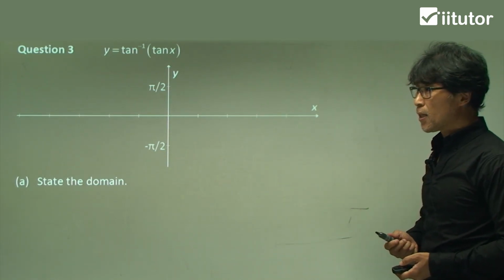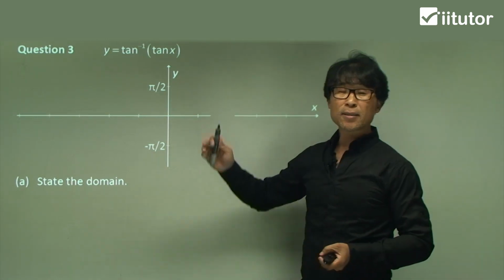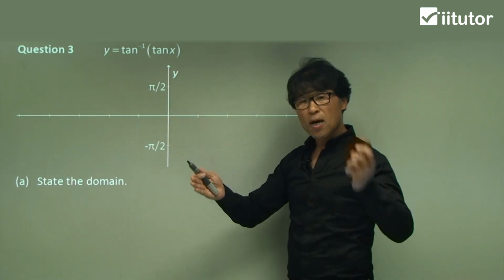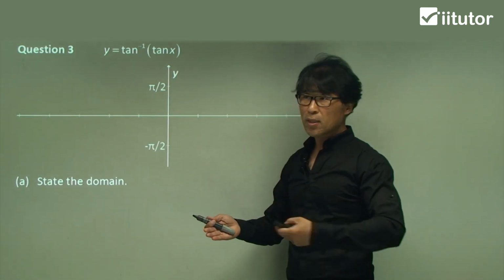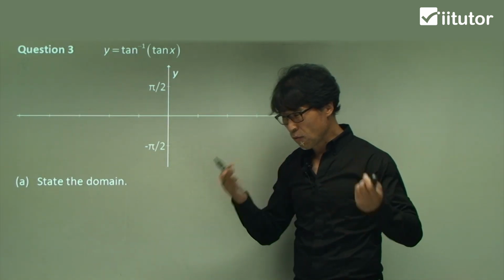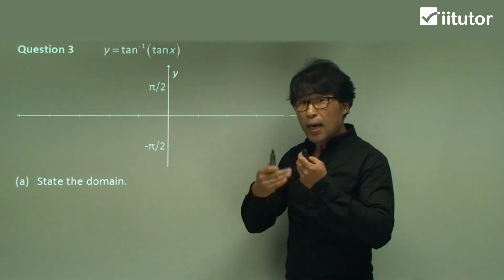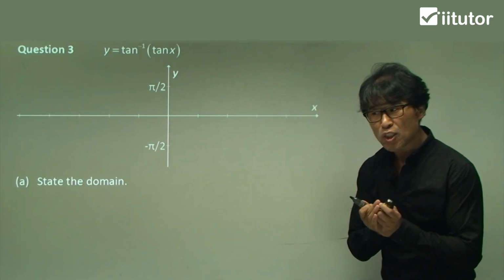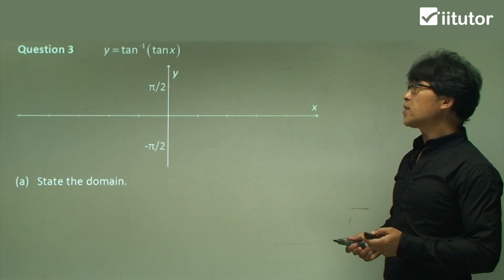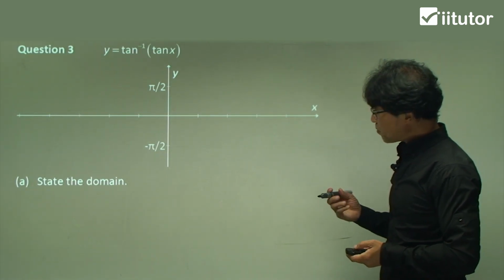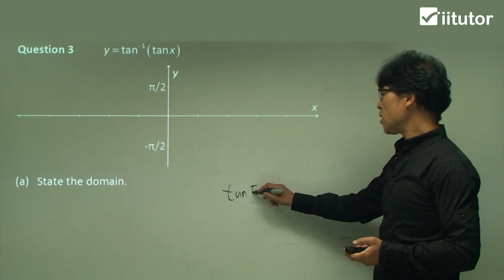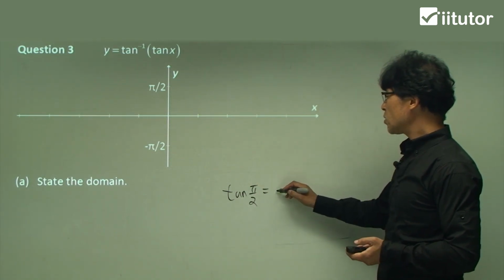State the domain. Let's be careful. As I stated earlier, the sine function, cos function and tangent function have just minor differences between the three. So tan x has its own properties in terms of the domain. What's happening when tan of 90 degrees, or pi on 2, equals what value?